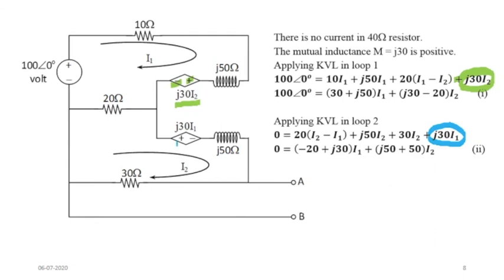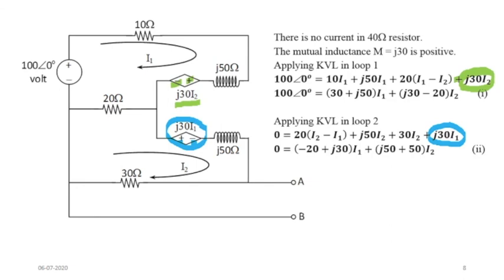So this is plus and this is minus. The voltage drop value is J30I1. So this is a dependent voltage source, but which quantity is it dependent on? It is dependent on the current which belongs to mesh 1. So this is again nothing but a current dependent voltage source.